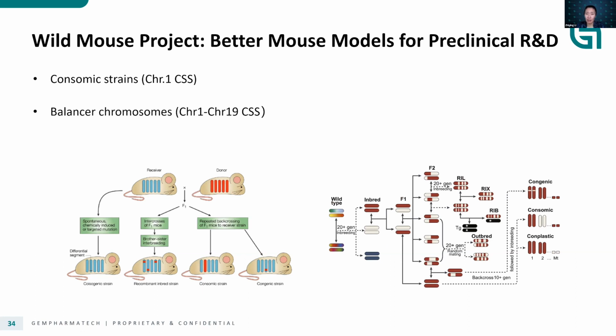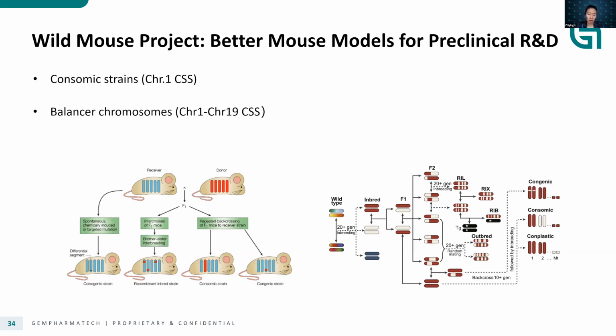In the wild mouse project, we do have the goal to introduce the other chromosomes into the inbred strain, as we did with chromosome 1. However, as you can tell, using the breeding scheme is a long process. It's quite labor intensive and time consuming.